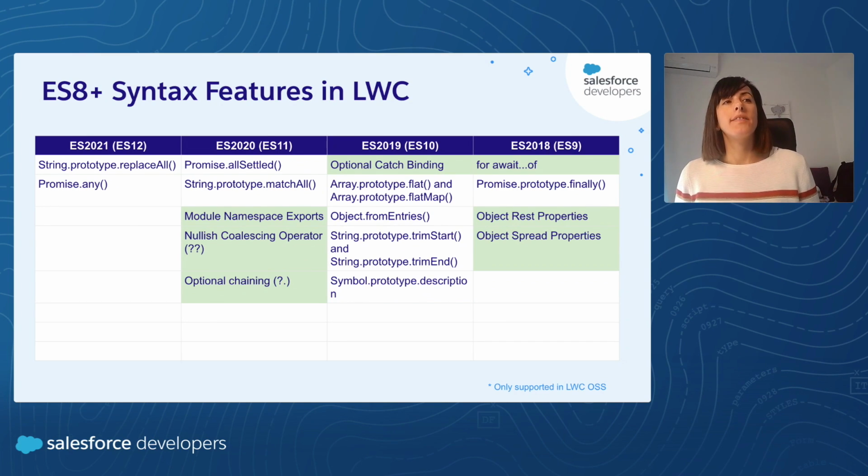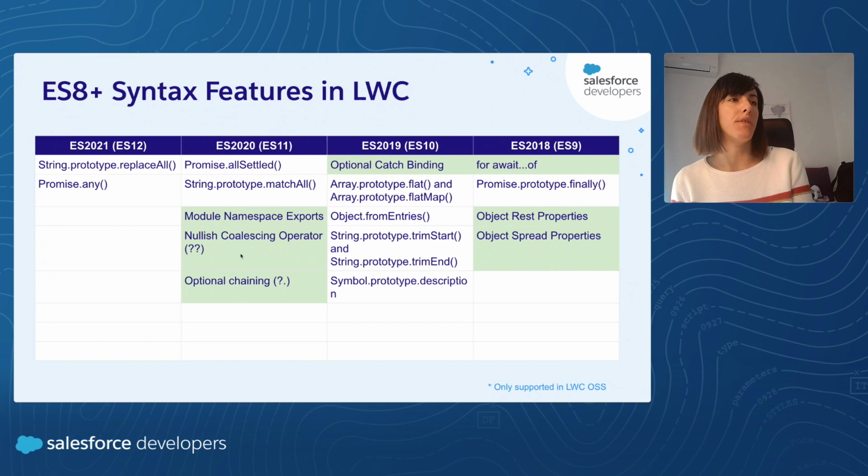This is a table that we are going to use along all the series of webinars, and these are all the features that I'm going to explain during the series that we can use in Lightning Web Components. The ones that I have highlighted in green are those syntax features that you can use as of today, as long as your browser supports them, right?